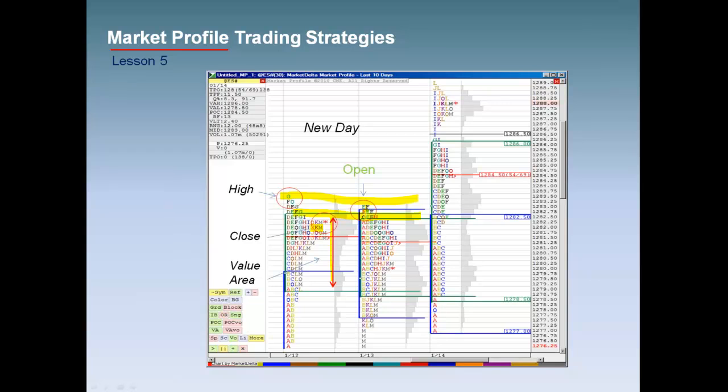So look at what happened. Instead of being bullish, because we were above the close of the prior day, prices actually started to move down. Now, as it moves down, where's the first support level that it's going to encounter? It's this POC. And look at what happens when it hits this POC. It just continues to drop even further and further.